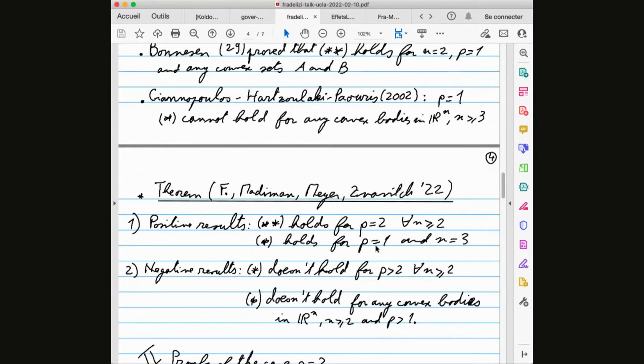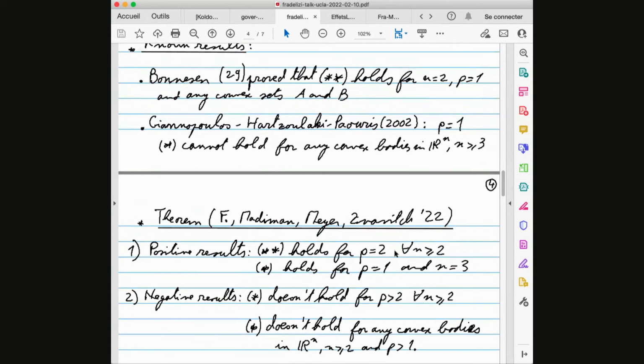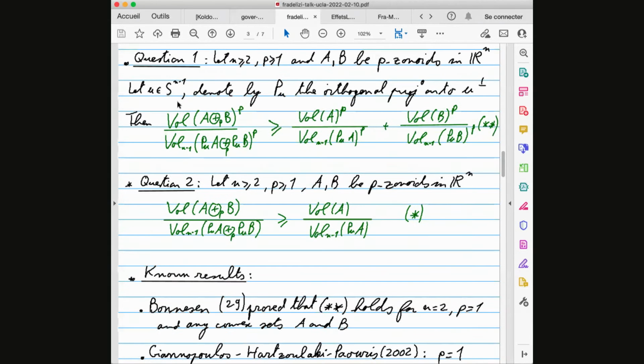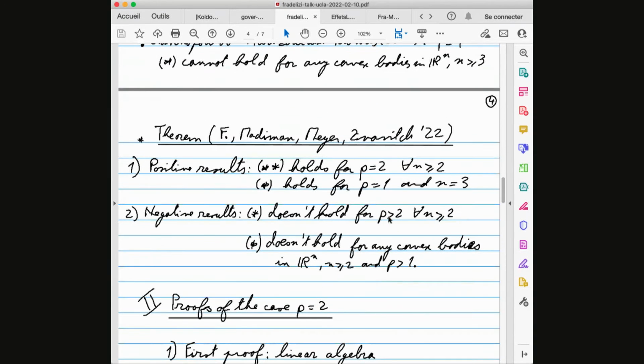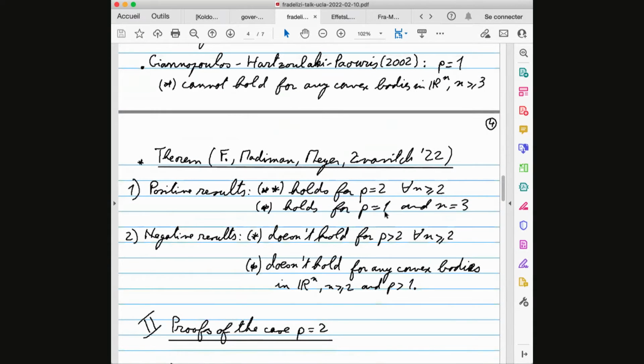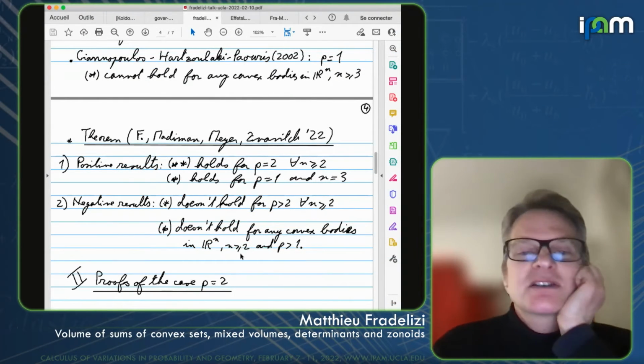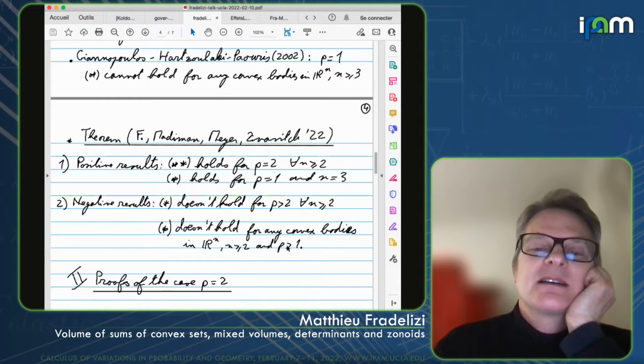Now, what are the negative results, where we are sure that it doesn't hold? First, 1 star doesn't hold for p strictly larger than 2 in any dimension, so also 2 star doesn't hold. Here I wrote it as a question for any p larger than 1, but we already know the answer: for p larger than 2, it doesn't hold. And again, like Giannopoulos, Hartzoulaki, and Paris, we know it's useless to pose the question for any convex bodies in dimension larger than 2 and p strictly larger than 1.